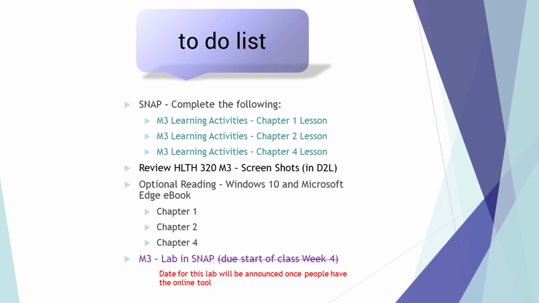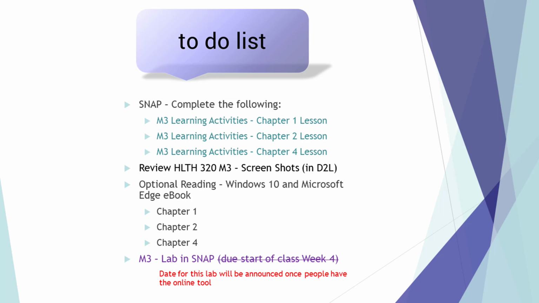Looking forward on our to-do list, we are hoping to have the Snap tool in at the Fleming bookstore towards the beginning of the week. That being the case, once it does come in, there are a number of things to do from this week. There are learning activities for chapters 1, 2, and 4, which relate to the content we covered this week.